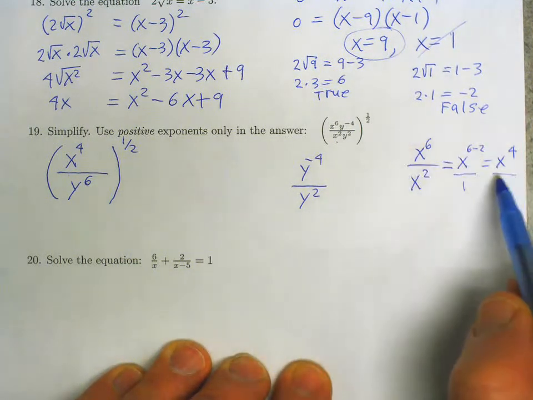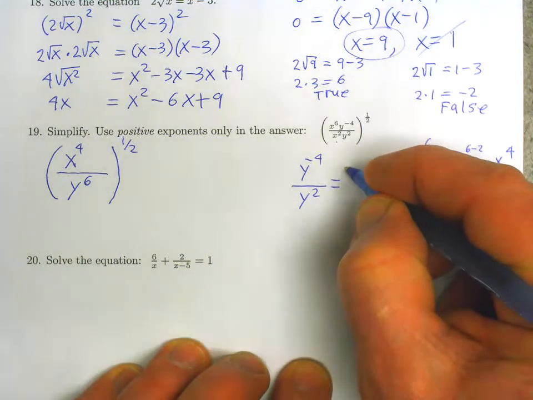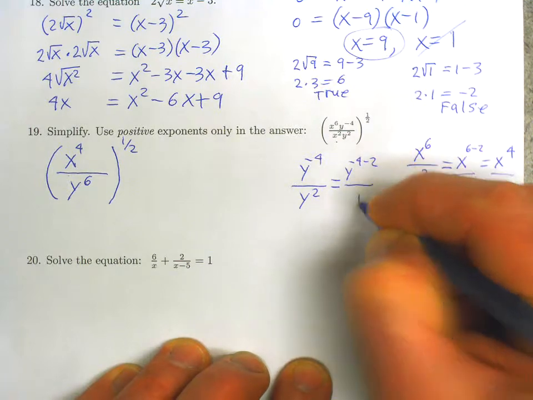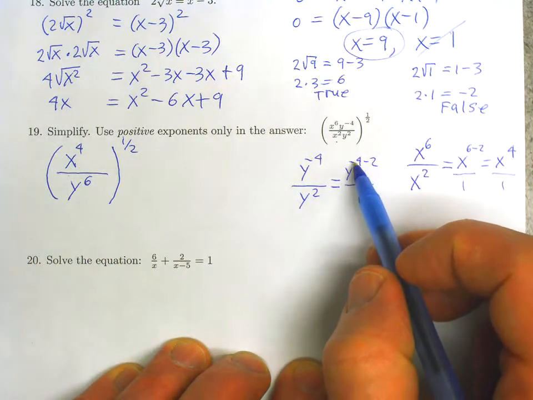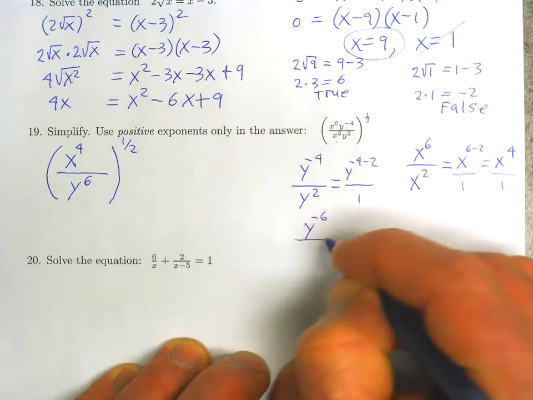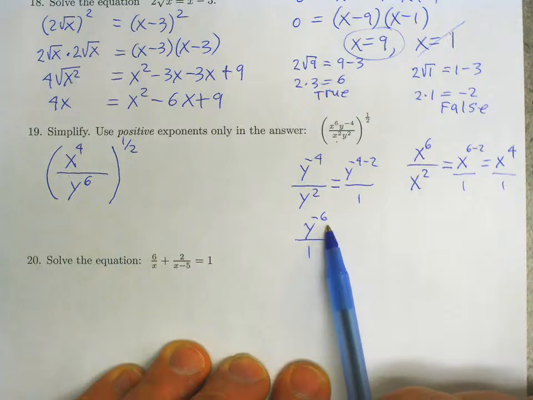If we use the same formula that we did over here, in the numerator, we get y to the negative 4 minus 2 over 1. But y to the negative 4 minus 2 is y to the negative 6. But then we have another property for negative exponents.